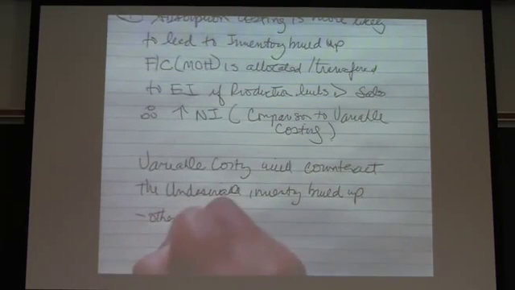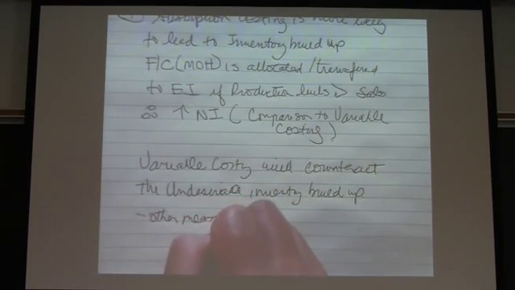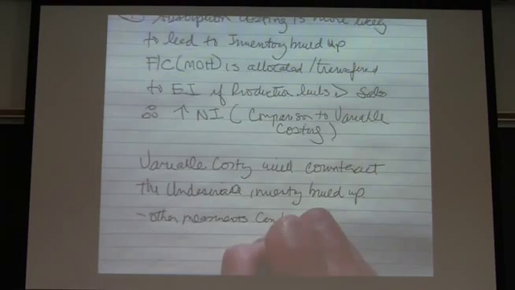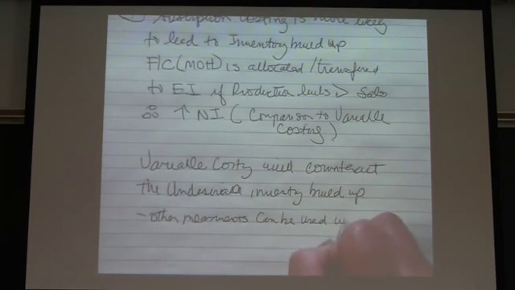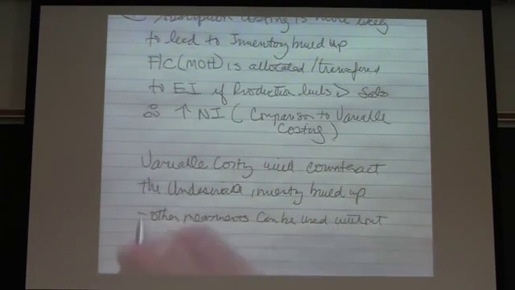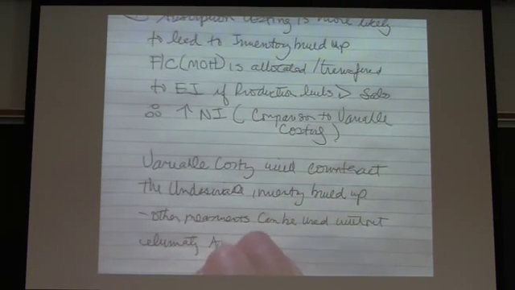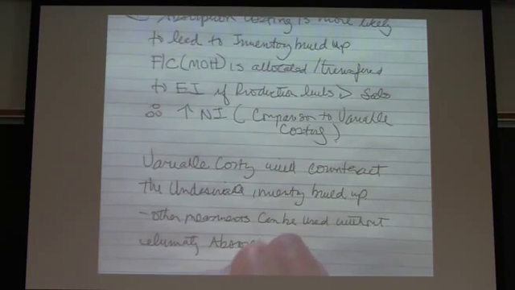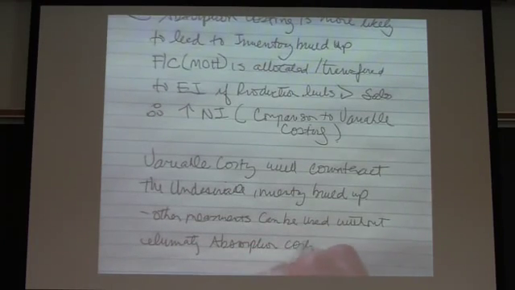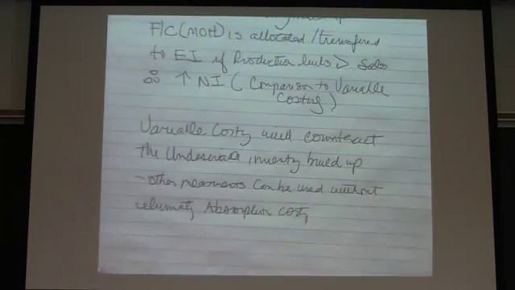So other measurements can be used without eliminating absorption costing.